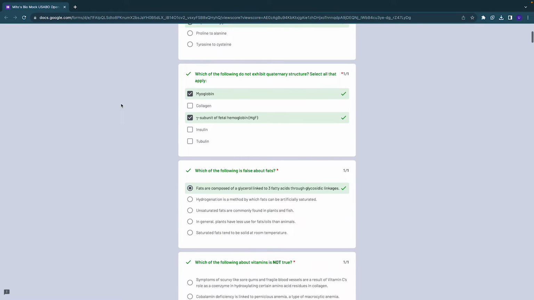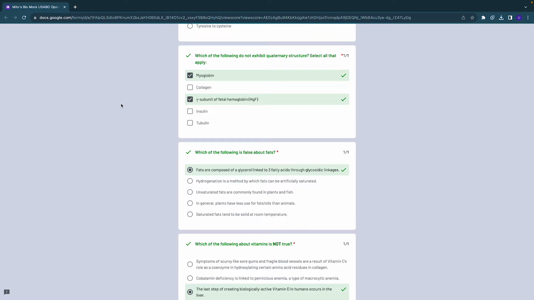So for the next question, which of the following do not exhibit quaternary structure? So we're basically looking for proteins that only have one subunit. So myoglobin, only one subunit. Collagen actually has three subunits, like three kind of fibers that wind together, so it does have quaternary structure.